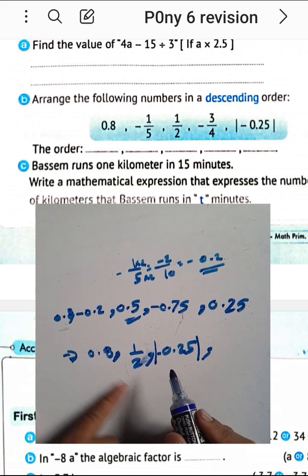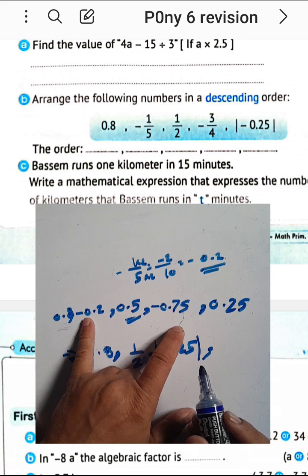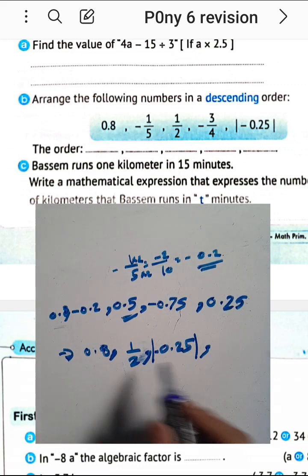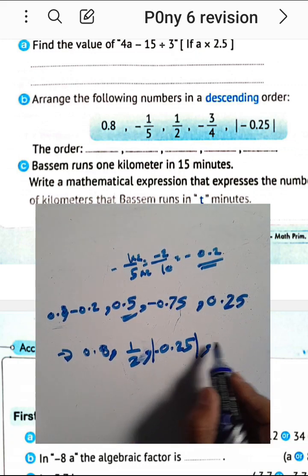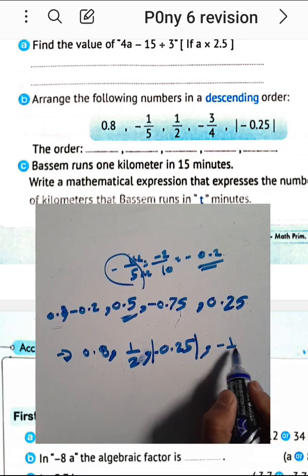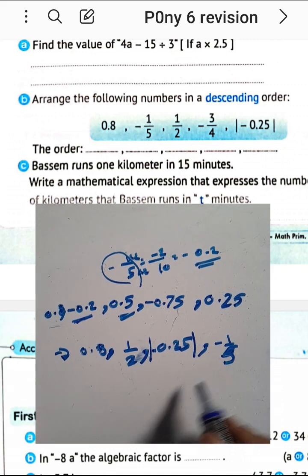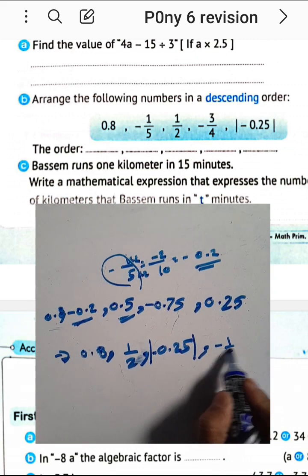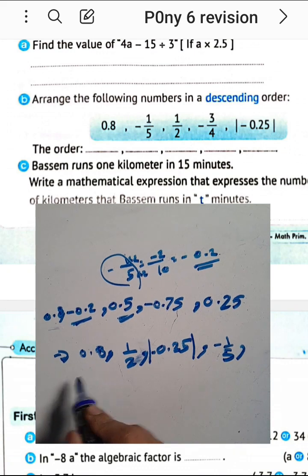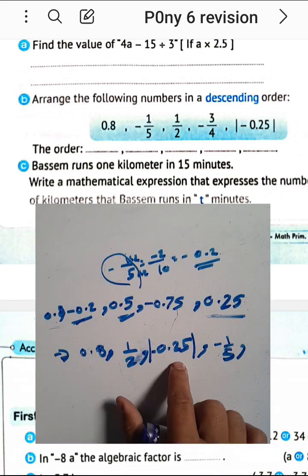Negative, it's positive, okay, and then negative this number and negative this number. You want to find this number, negative 0.2, 1 over 5, this number. Okay, and the next number here, the last one, this number, positive, I write it.